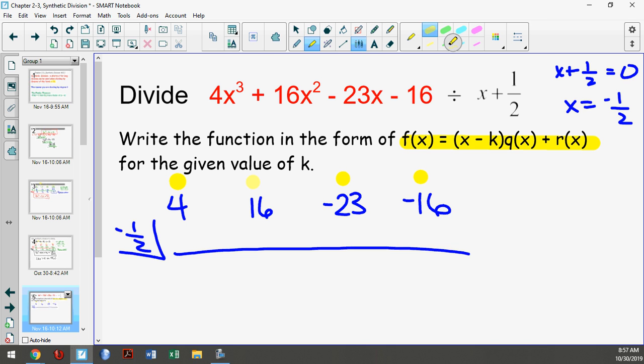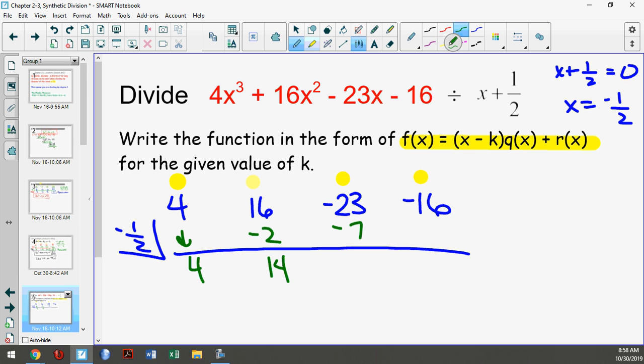So I'm simply going to do the math now. What do I do first? Drop down the 4. What do I do on the diagonal? 4 times negative 1/2 is going to be negative 2 plus 16 gives me a 14. 14 times negative 1/2 gives you what? Negative 7.